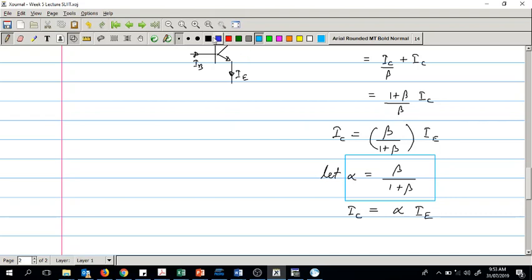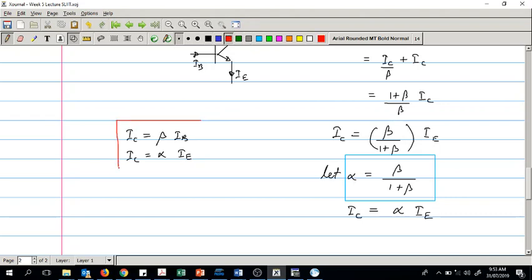And there is another relationship. I mean, there are two equations that we already discussed. One is IC is equal to beta IB and the other is IC is equal to alpha IE.